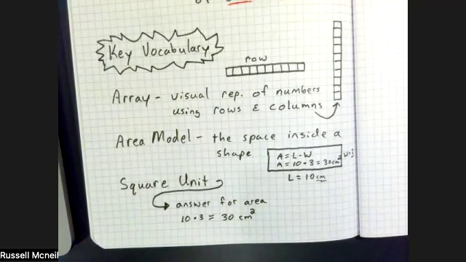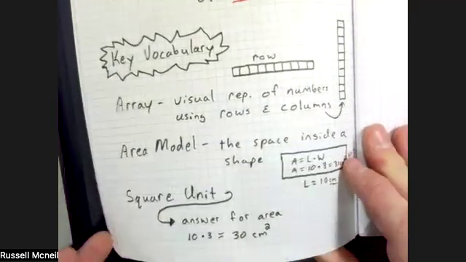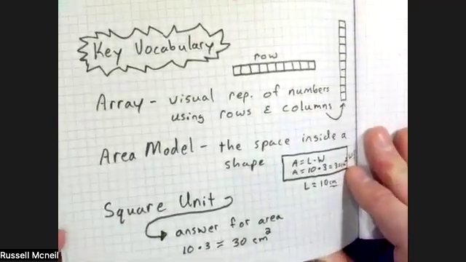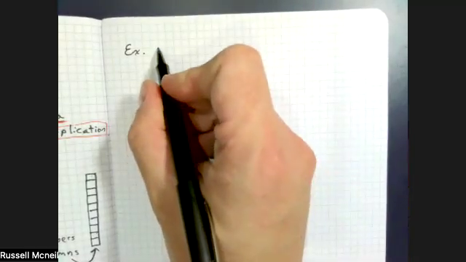All right, take a moment and let's get this jotted into our notes. I've got one example before I release you. Next example: let's go for 10 in a row.